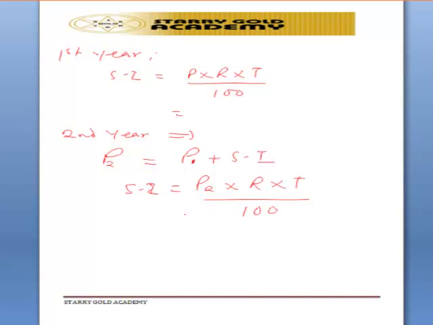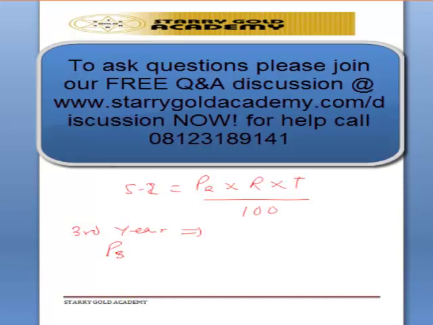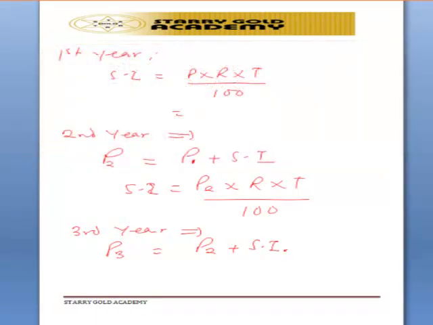So for the third year, P3 will be equal to P2 plus simple interest in year 2. Principal in year 3 is equal to principal in year 2 plus simple interest in year 2.